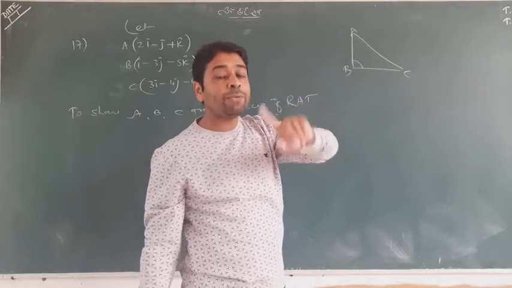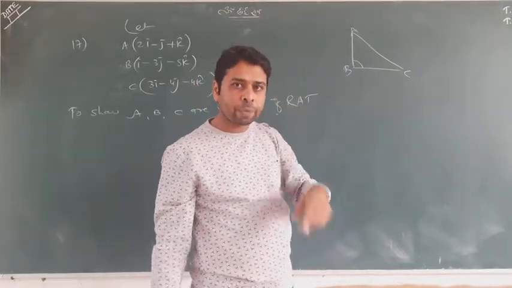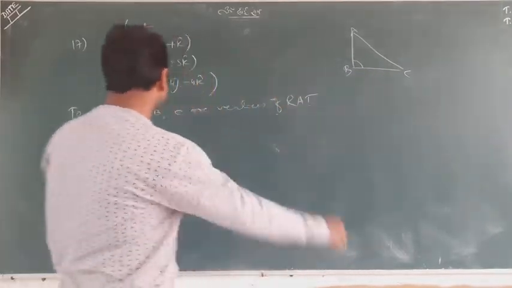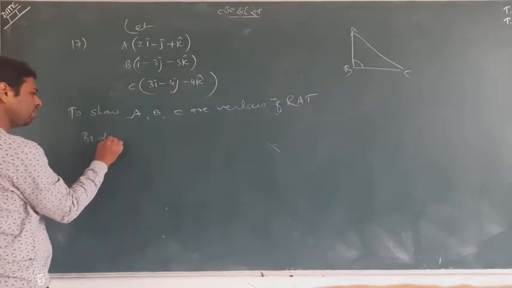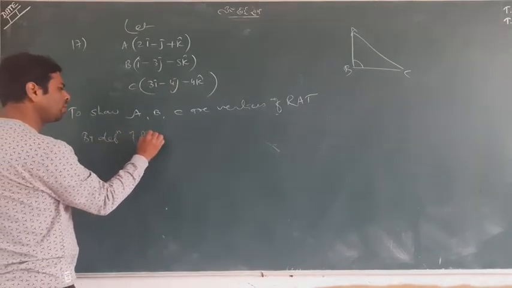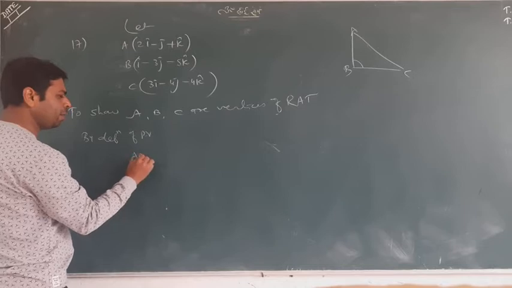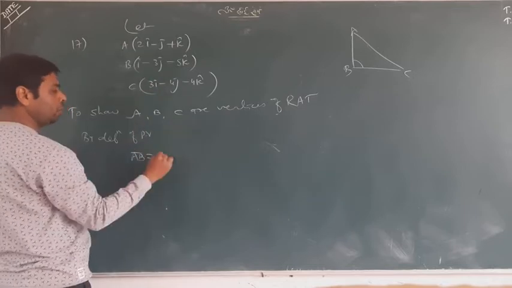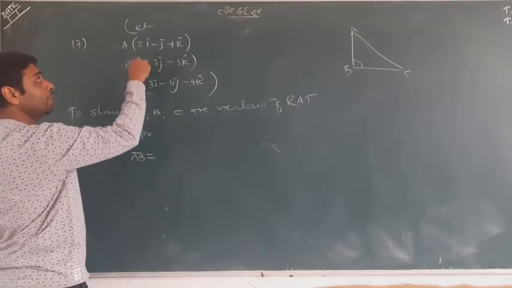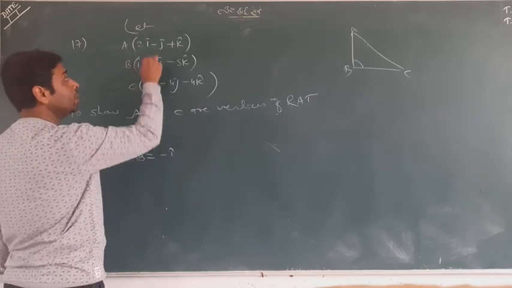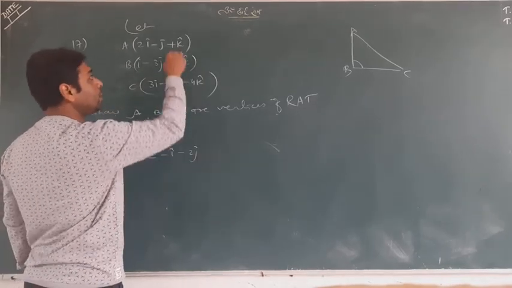So first of all, I will find the 3 vectors AB, BC and CA. By definition of position vector, AB is B minus A, it's a minus 2j, a minus 6k.